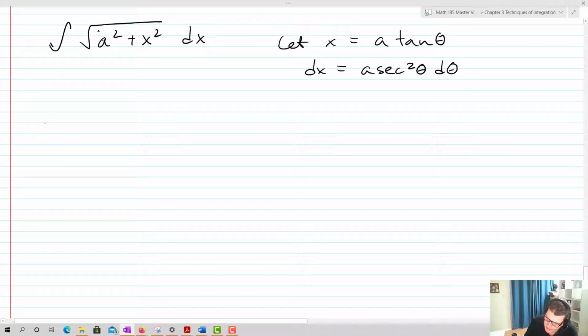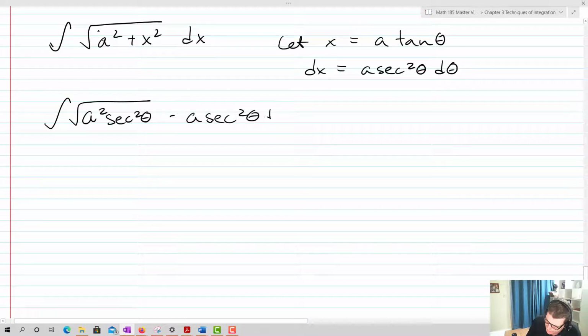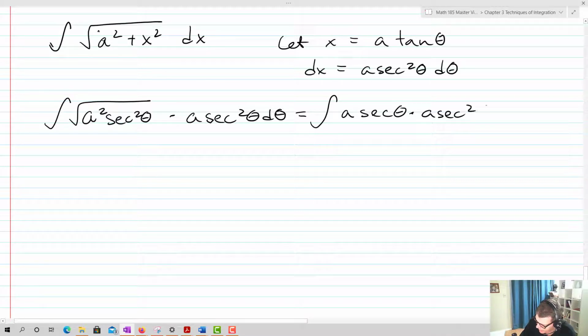When I go in and substitute, and they'll look a little bit different, we'll give some examples in a little bit, this will end up being the square root of a squared secant squared theta times a secant squared theta d theta. And what we'll end up with, in this very generalized case, is the integral of a secant theta times a secant squared theta d theta. Okay, and there we go.